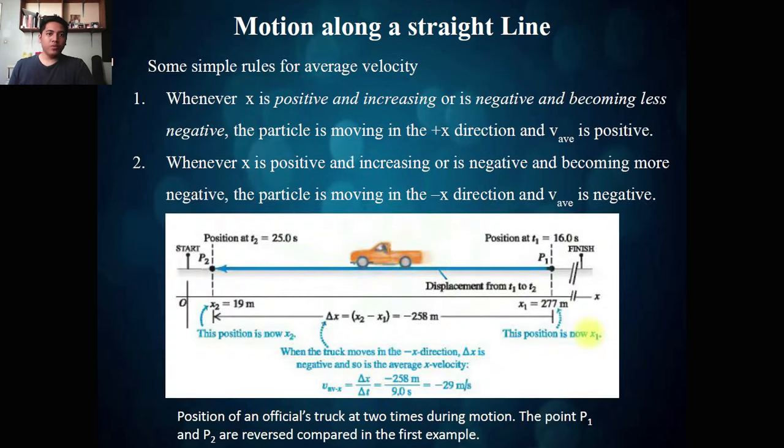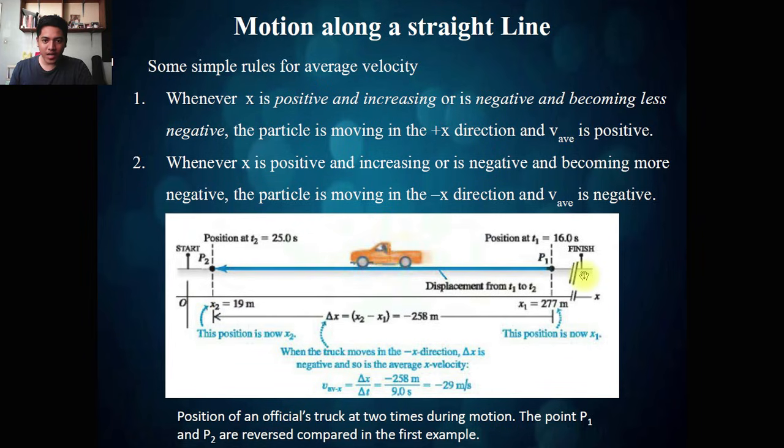Okay, some simple rules for average velocity. As you can see here from the figure, that actually proves that displacement is a vector. So for example, the dragster is replaced by a simple pickup truck.